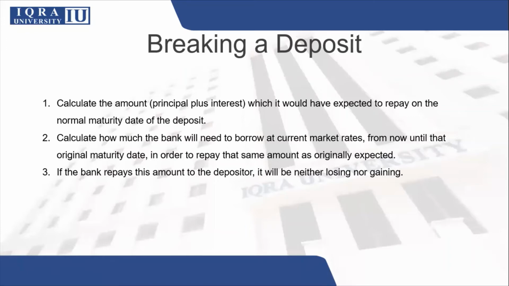Then the second step is to calculate how much the bank will need to borrow at the current market rates from now until that original maturity date in order to repay the same amount as originally expected. So now the bank has already given that amount to somebody else in the form of a loan. So the bank is going to re-borrow an amount in order to pay you back your fixed deposit.